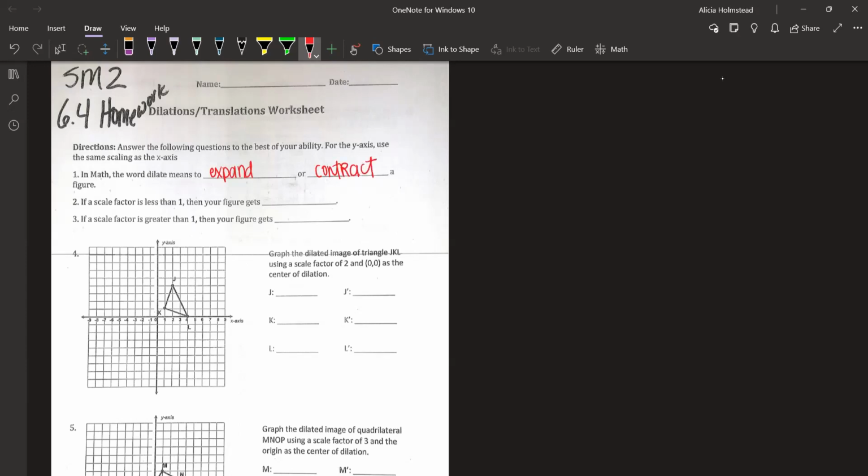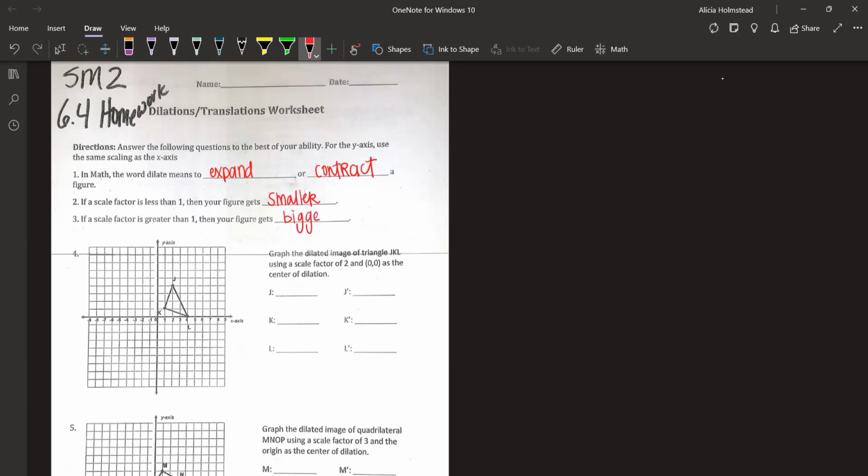Which were the 2 words we used in our definition? A figure. If a scale factor is less than 1, then we're going to divide those things, so it's going to get smaller. And if it's greater than 1, then we're multiplying it by something that makes it bigger.